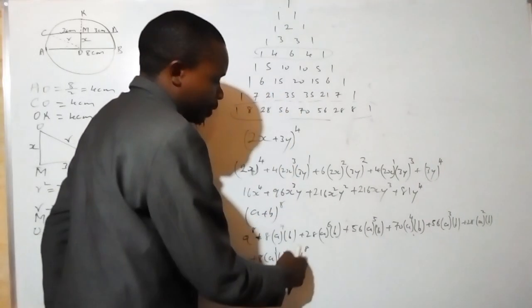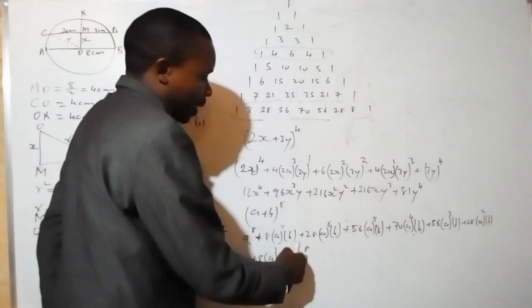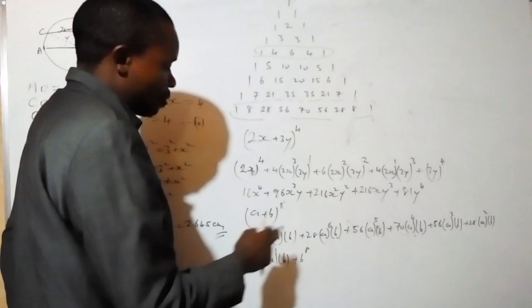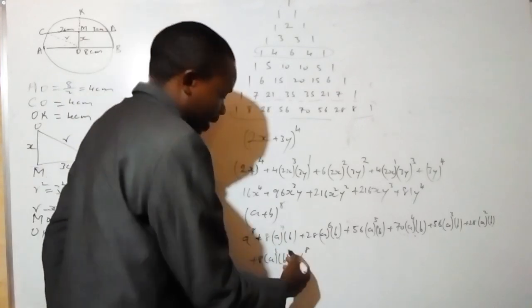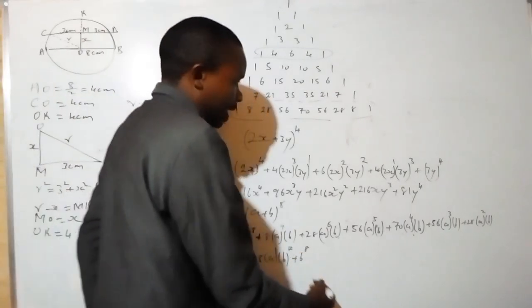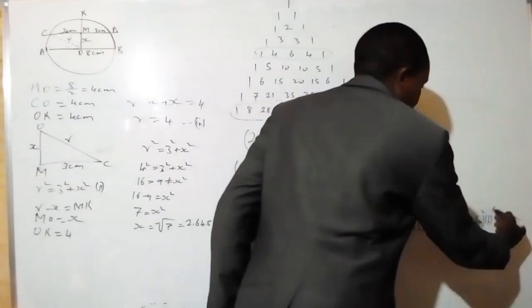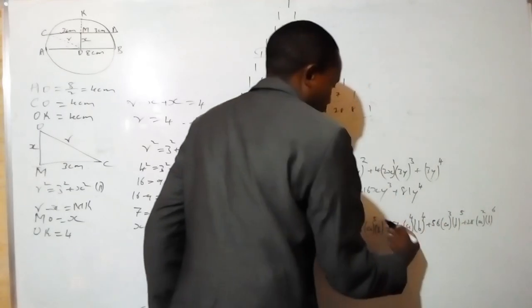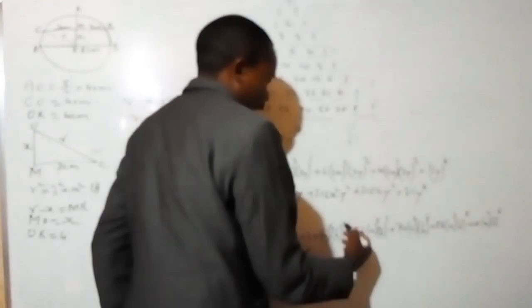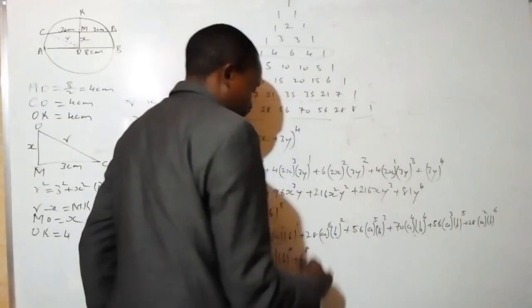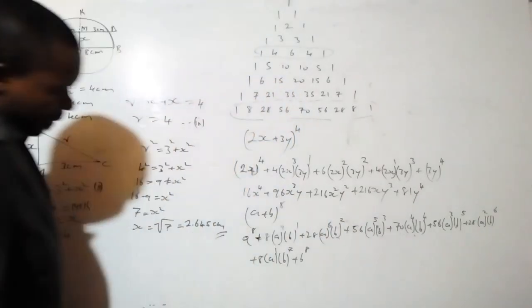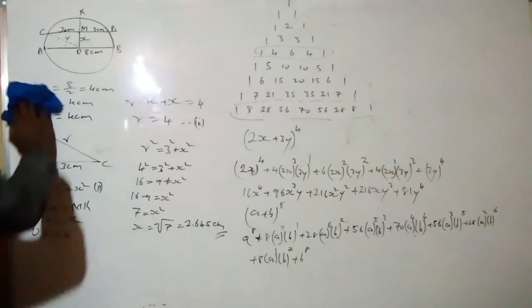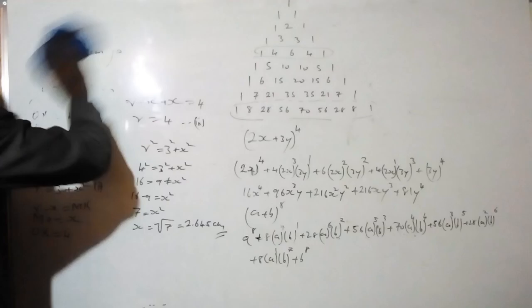So where we have b, we descend from right to left: 8, after 8, 7, 6, 5, 4, 3, 2, and 1. Good. Then we can have this part here.